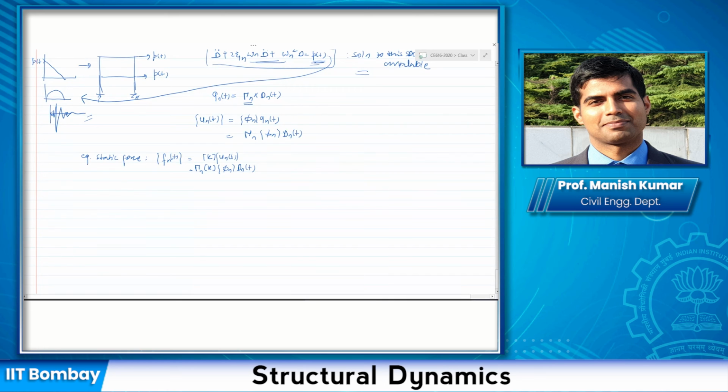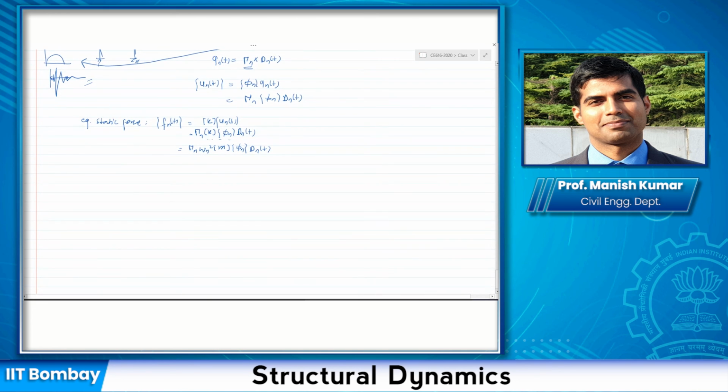And if I want, I can further write down, using the eigenvalue equation, this as omega n square times m phi n. So there would be an omega n square term here as well, times D n here.